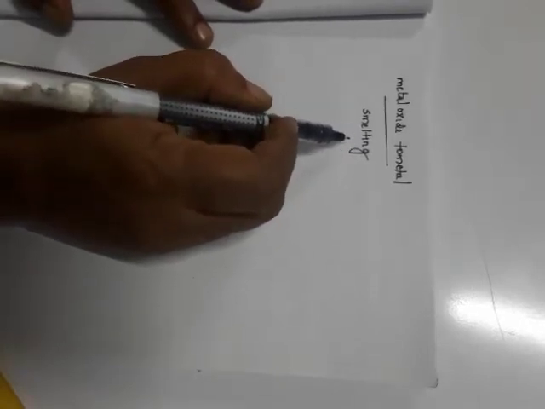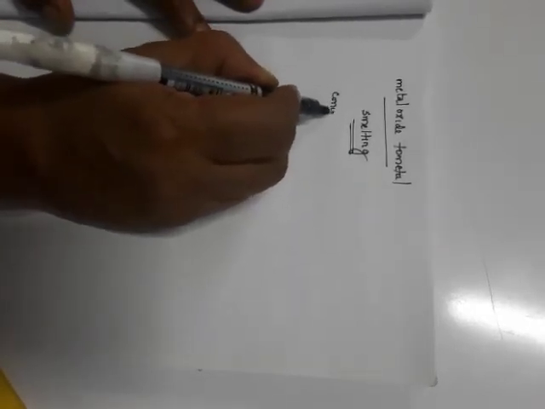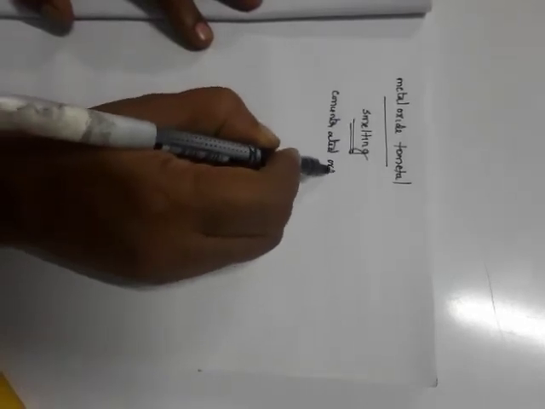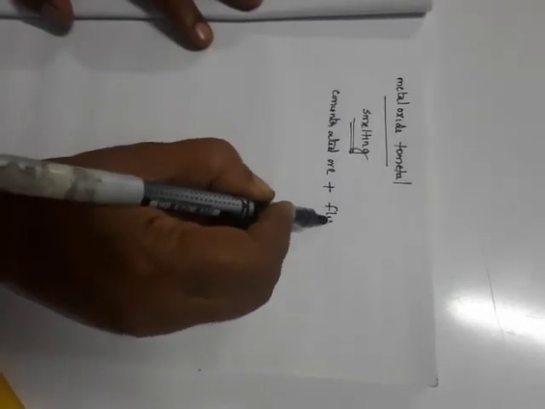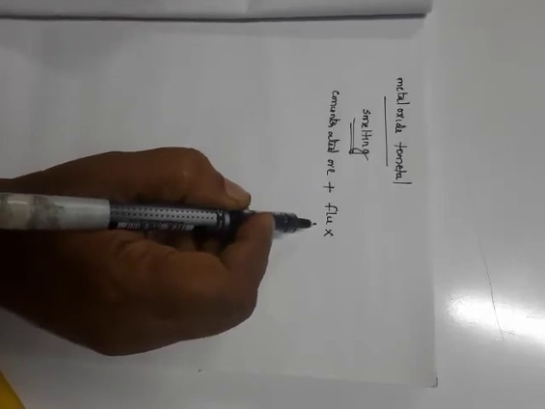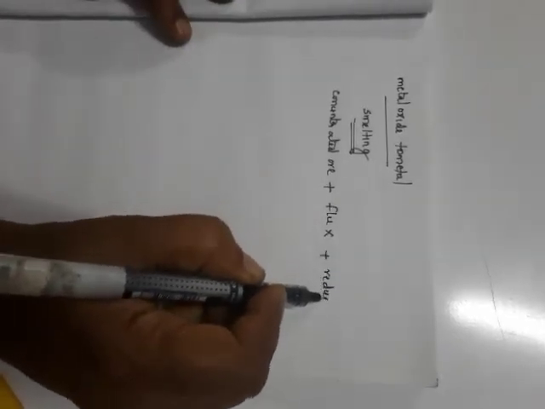For the smelting process, we take the concentrated ore with the flux. Flux is a chemical, a cleansing agent. It removes the gangue, or it makes the metal porous, that is spongy, plus a reducing agent.